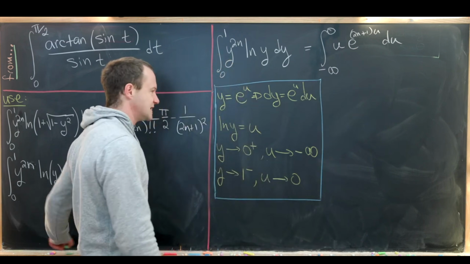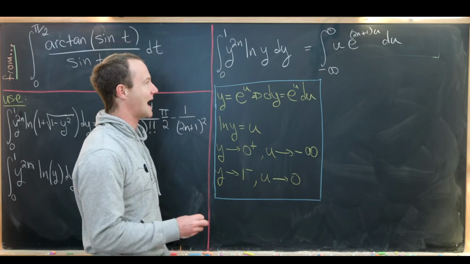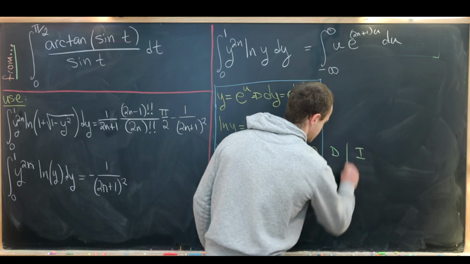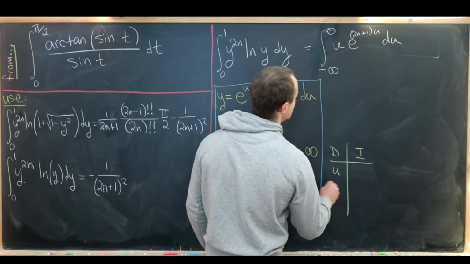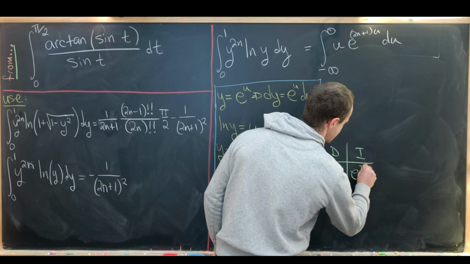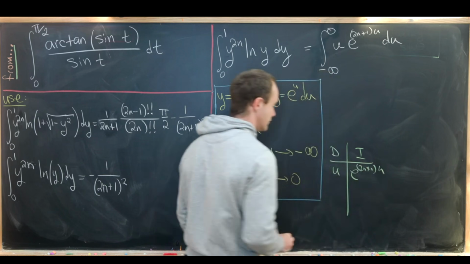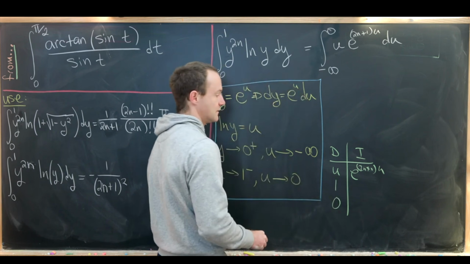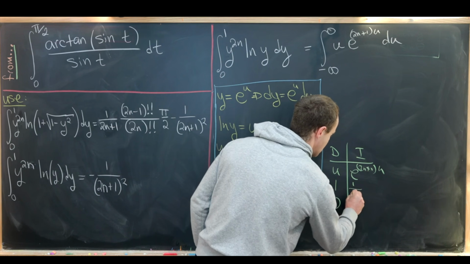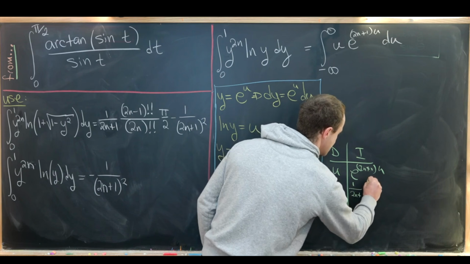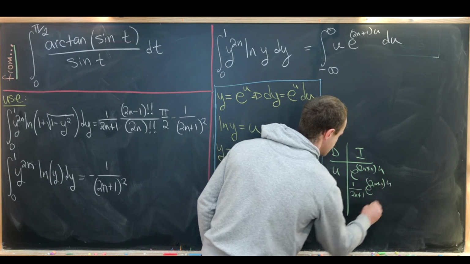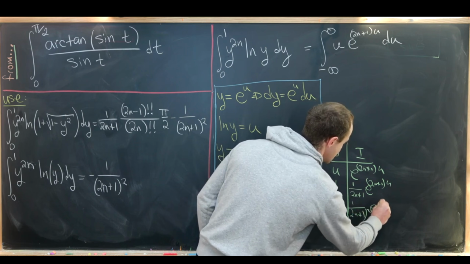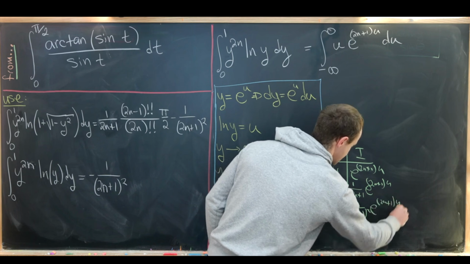From here, we could maybe use integration by parts because we have a polynomial times an exponential function, but we might as well use this DI method or tabular integration just to keep it shorter. So we'll put a u here, and an e to the 2n plus 1 u here. We'll take derivatives down this column, so that'll give us a 1 and a 0. Take antiderivatives down this column, so that'll be 1 over 2n plus 1 e to the 2n plus 1 times u, and then 1 over 2n plus 1 squared e to the 2n plus 1 times u.